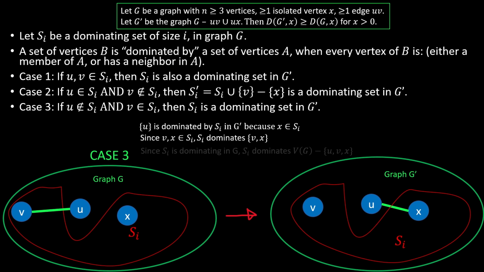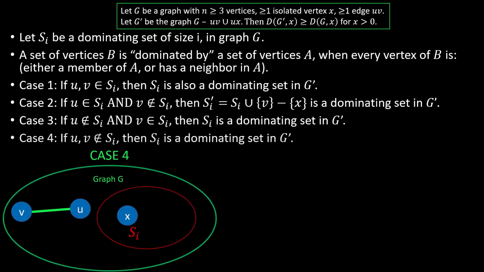Also, since S_i was a dominating set in G, then every vertex besides u, v, and x is also still dominated by S_i in G prime. That means our operation does not change the domination status of the other vertices in the graph, so S_i is still a dominating set in G prime.